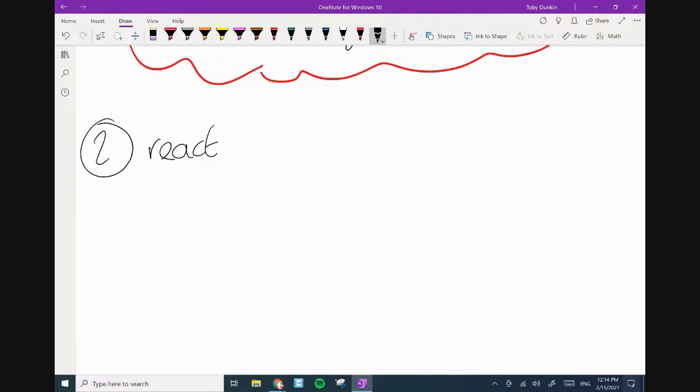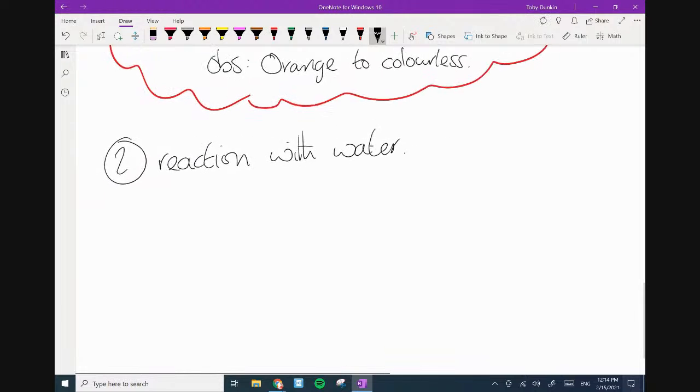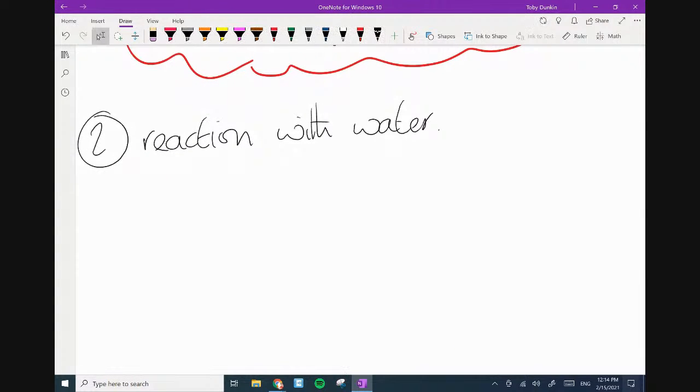Reaction with water. Now this one, by the way, is actually a bit tricky.